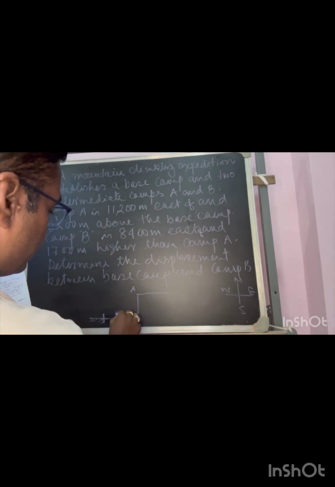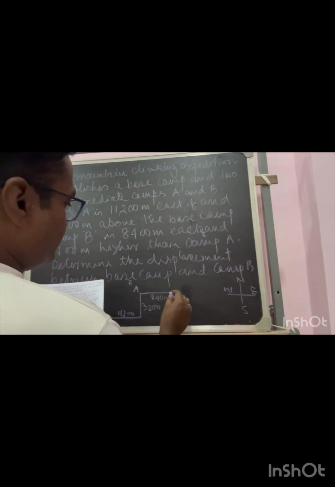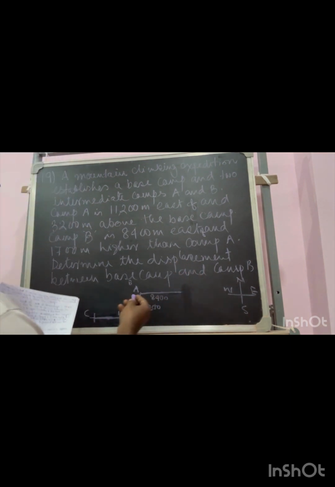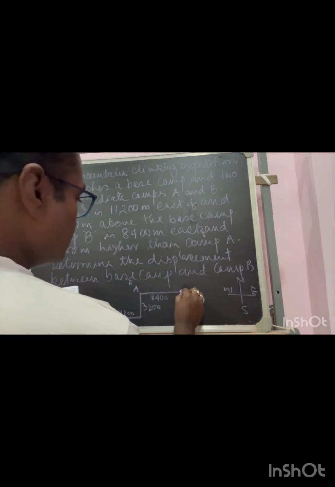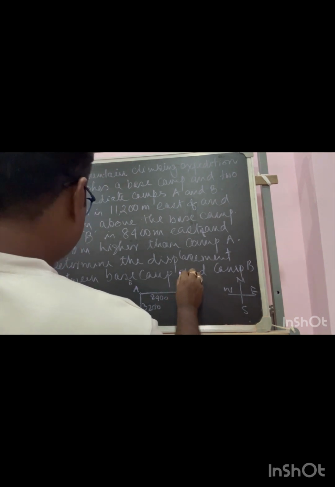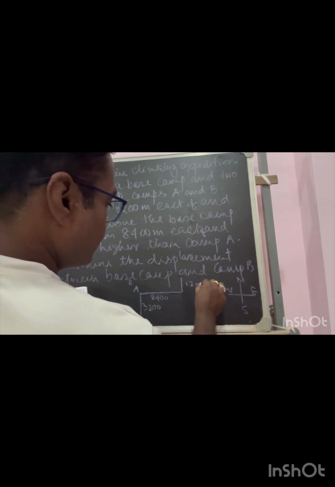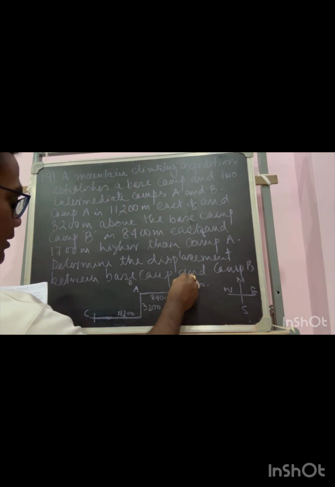So this is 11,200 east, and this is 8,400 further east. Then it has moved 1,700 meter with respect to A. So this will further move 1,700 meter, and this is the final position.